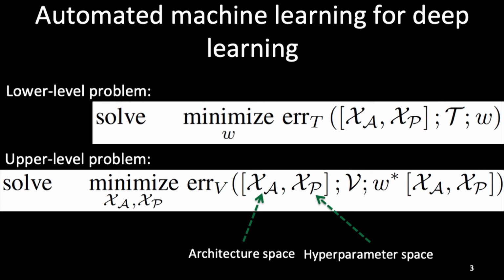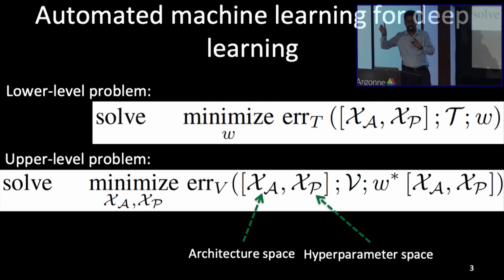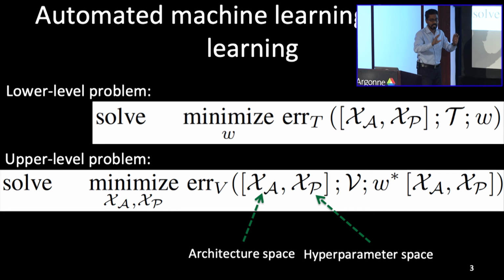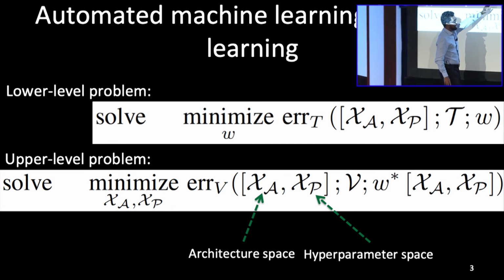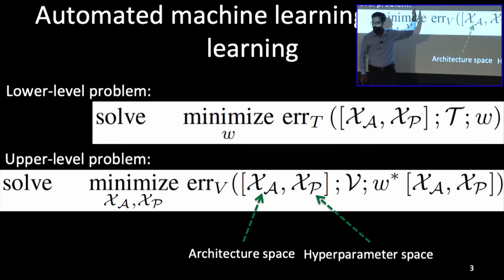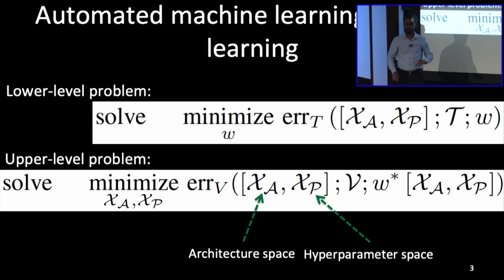We can formulate this as an automated machine learning problem, and in particular for deep learning, you have the lower level problem. The lower level problem is all about training. Given the data and the model, we apply stochastic gradient descent, we identify the correct loss function, and then minimize this error. So this is the training error. That's the lower level problem, right?